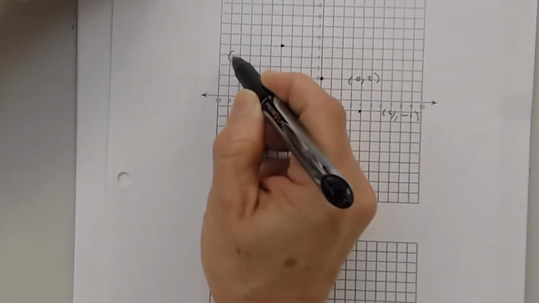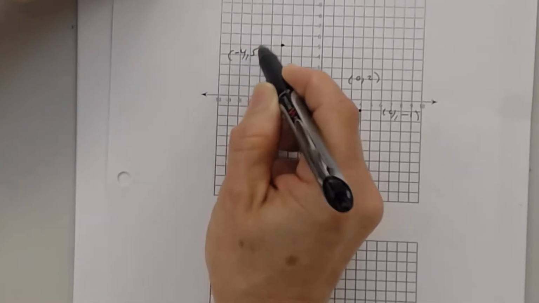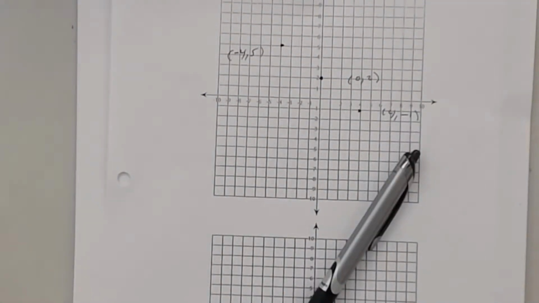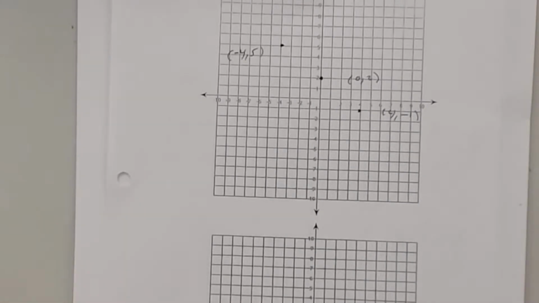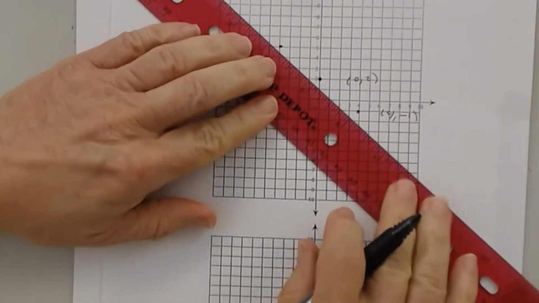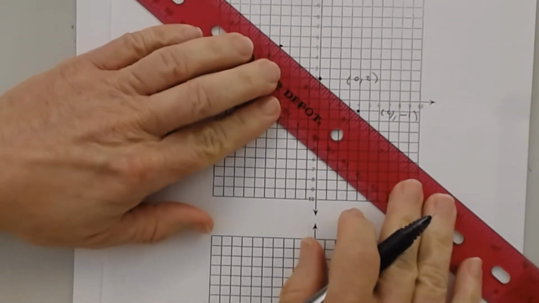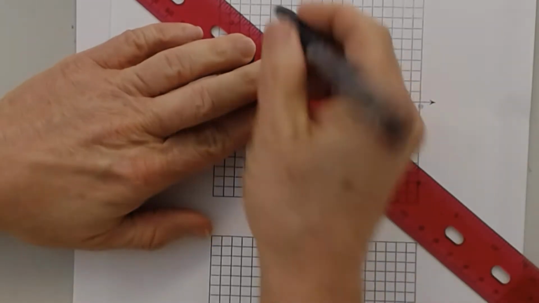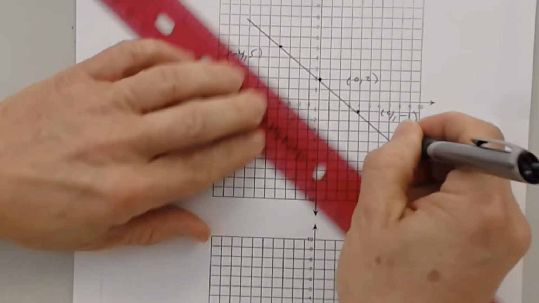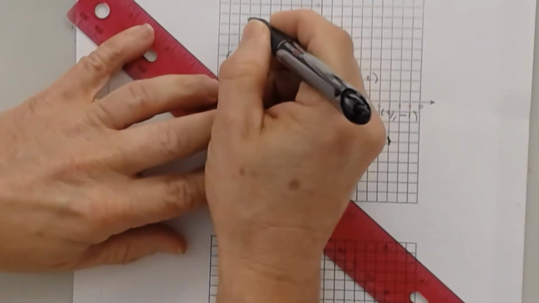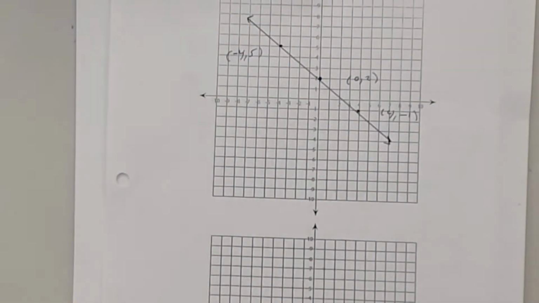And so there's the point -4, 5. Okay, so then you graph that line. Remember, you got to extend it. You must extend. And then what else must you draw? The arrows. And so that's the line.